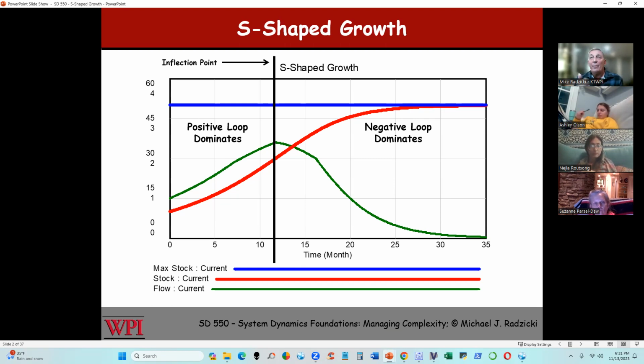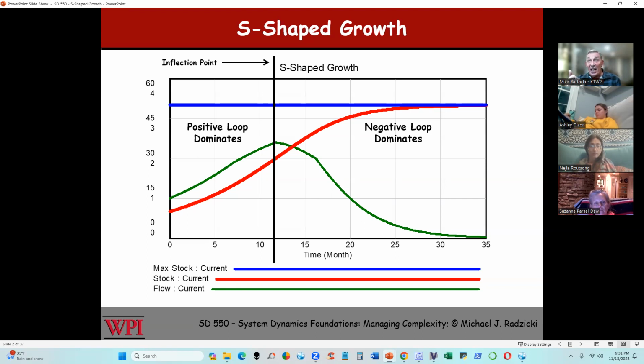And by the way, if you go back to those slides or the video from that, you'll see I have lots and lots of examples from the real world of these time shapes. Once you're sensitive to them, you kind of see them everywhere, right? So a lot of things undergo this S-shaped pattern, right?